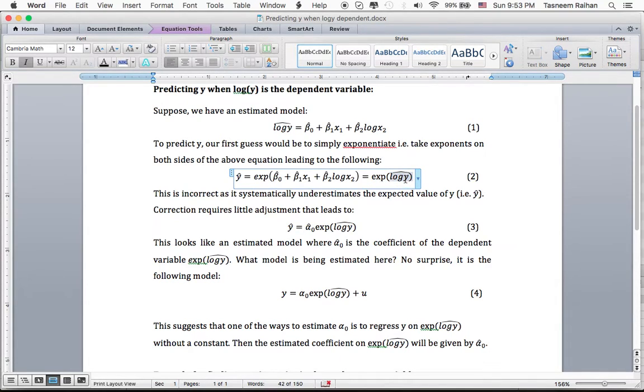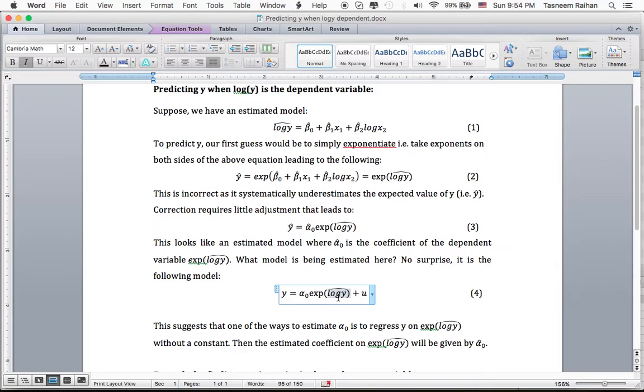But since it gives us an underestimation of y hat, we need to make a little adjustment by multiplying it by alpha naught hat. This alpha naught hat can be obtained by regressing y on the independent variable, which is exponent of log y hat.